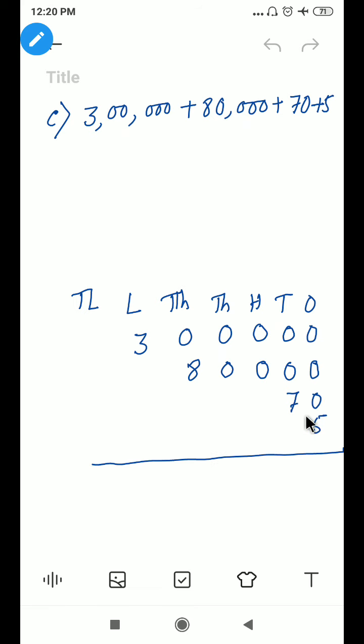Now add it. In the one place the digit is 5, 10 place digit 7, 100 place digit nothing, that means 0, 1000 place 0, 10,000 place 8, and lakh place 3. So our answer will be 3,80,075.